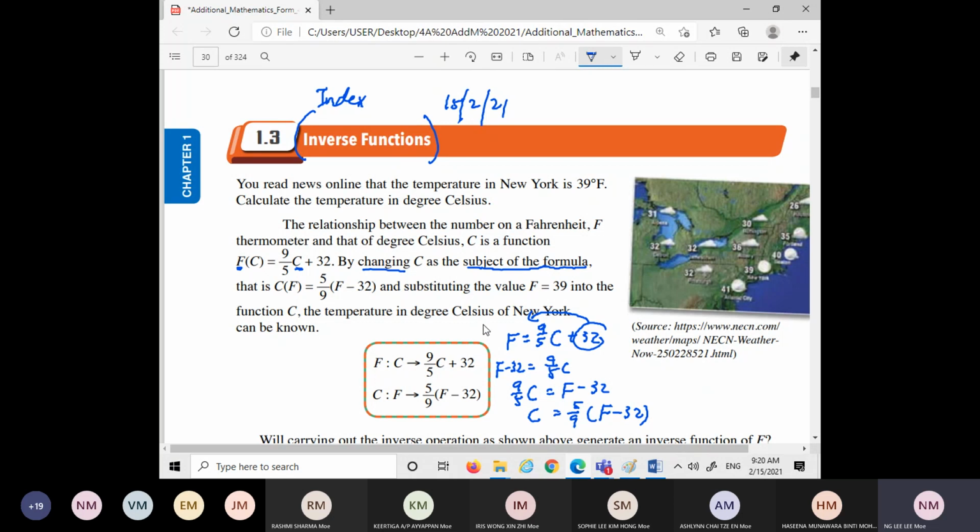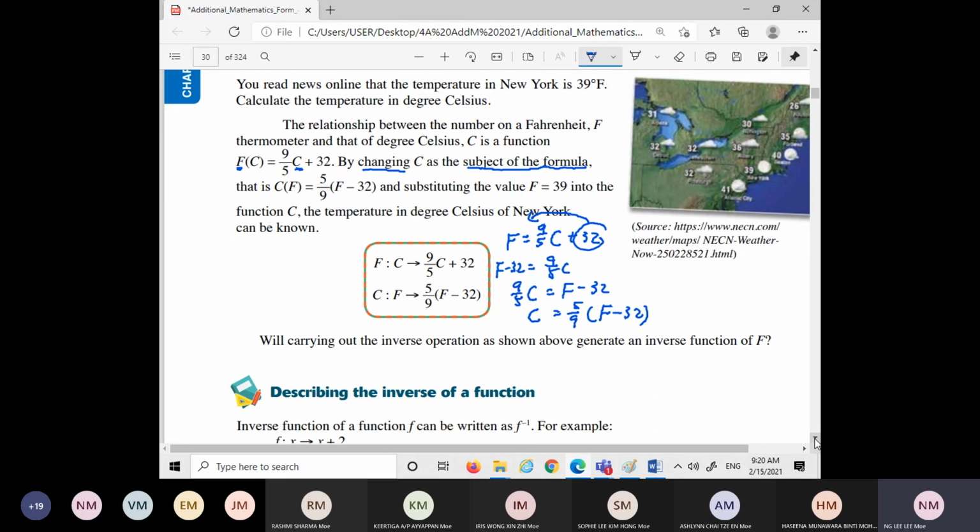So afterwards, when you want to find the inverse function, actually you are doing this: you are changing the subject. For example, y is the subject. After you find the inverse function of y, the subject will become x.